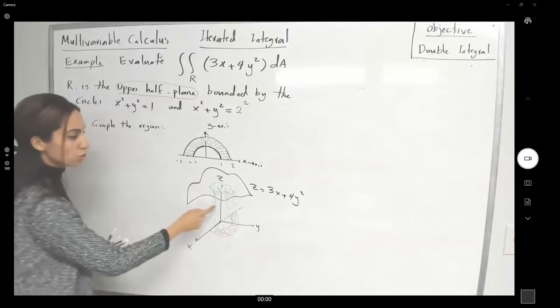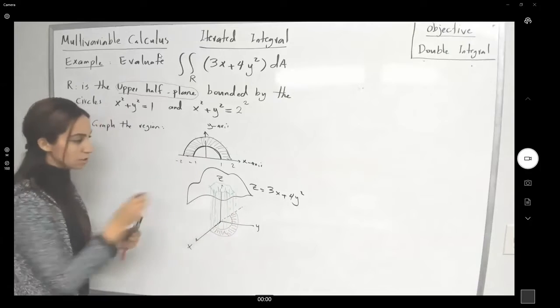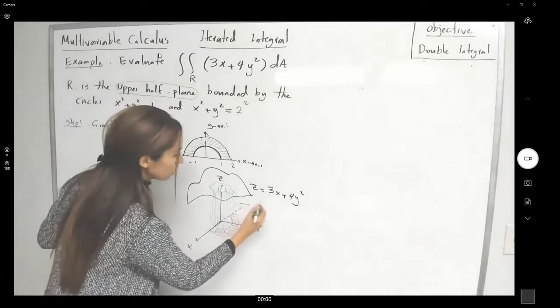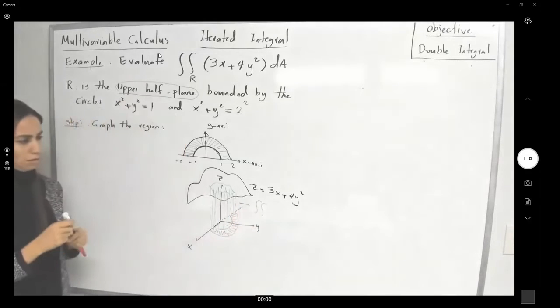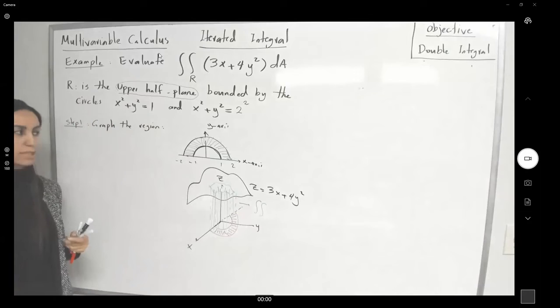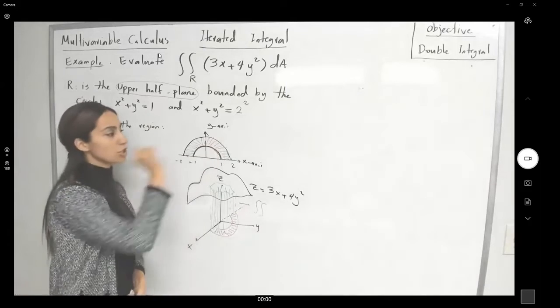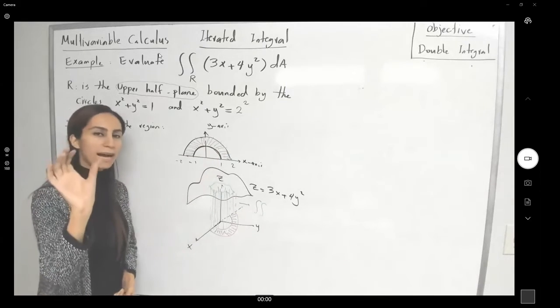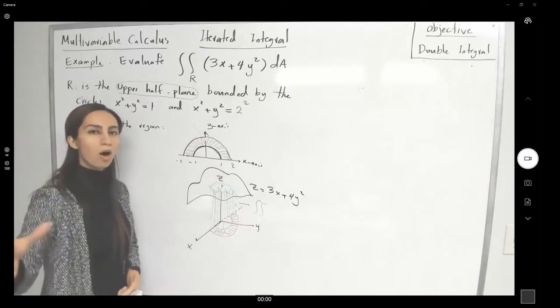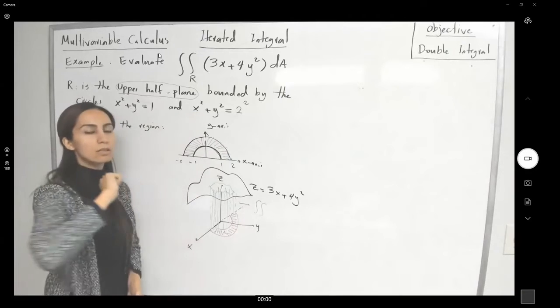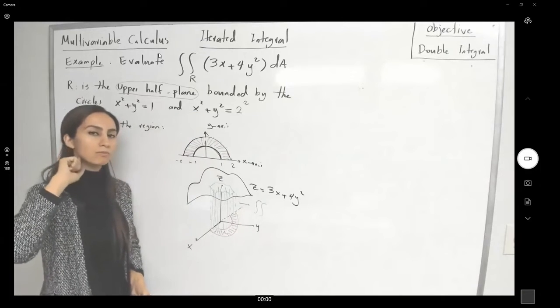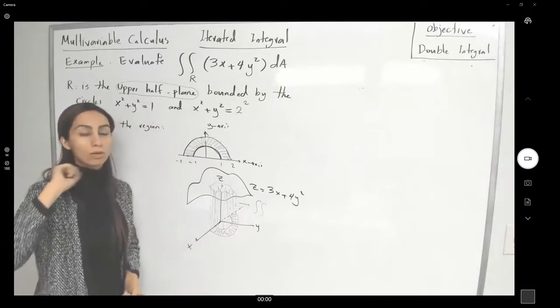Whatever it is, you're going to find this double integral. So this guy represents the double integral. Well, they say that since this region has the elements of a circle, we're interested in using polar coordinates.